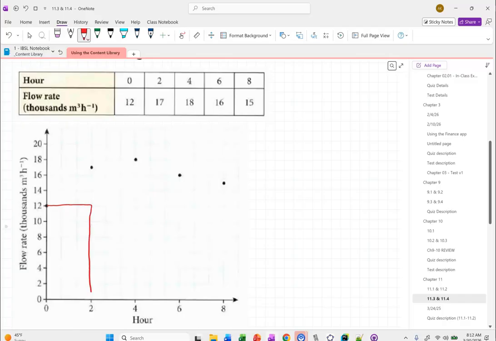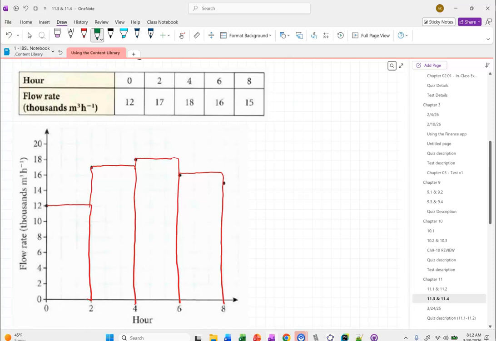And there's 2 ways that are plausible to build those rectangles. So one way would be using the left-hand endpoints to build our rectangles. The other would be using the right-hand endpoints to build our rectangles.